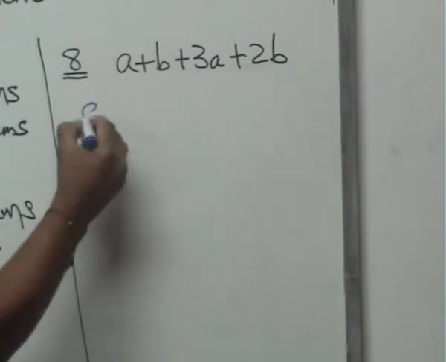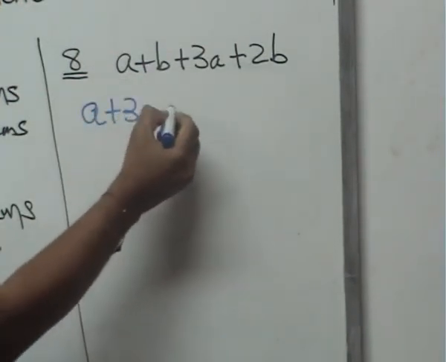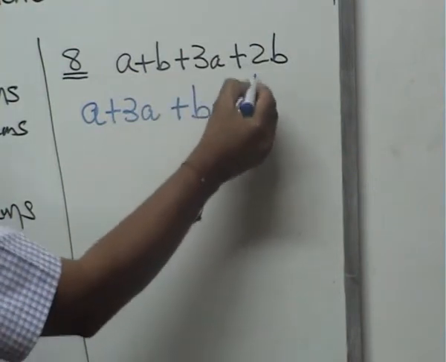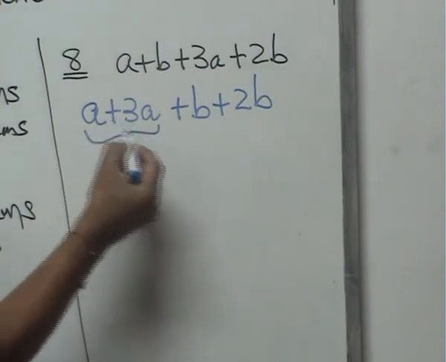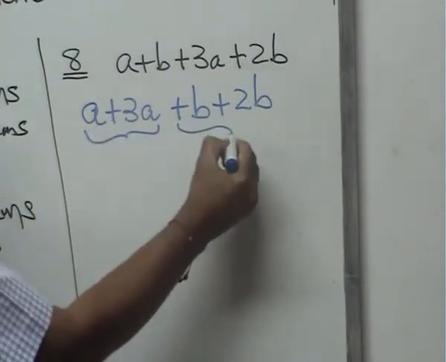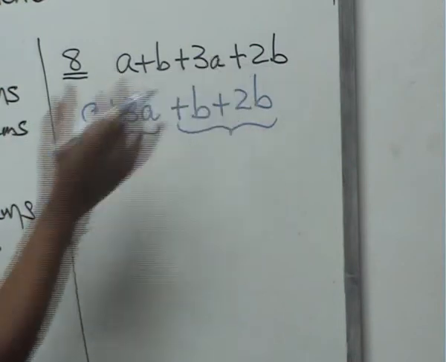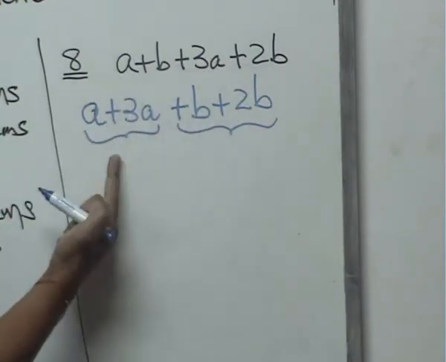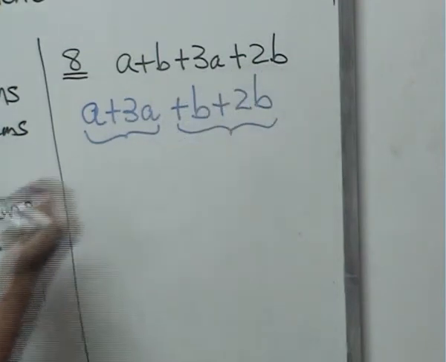A and 3a are like, and then b plus 2b. So there's set 1. These two are like each other. And these two are like each other. So sometimes you will get an example like this. Then what you can do is we say bring the like terms together.